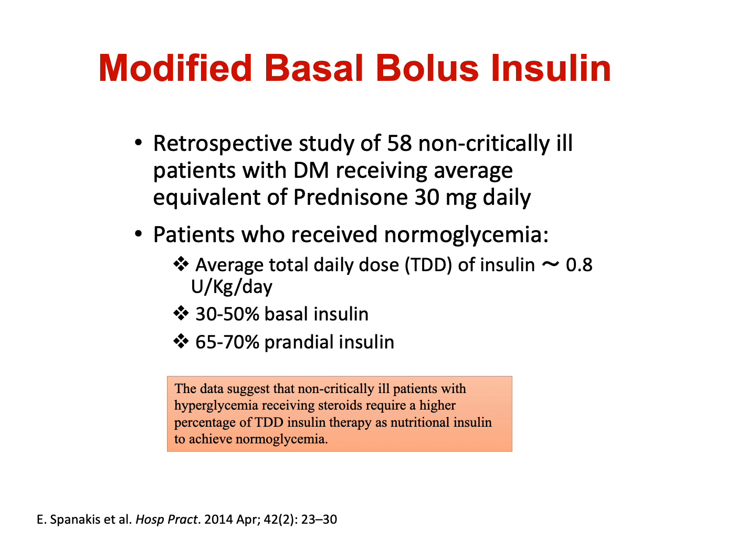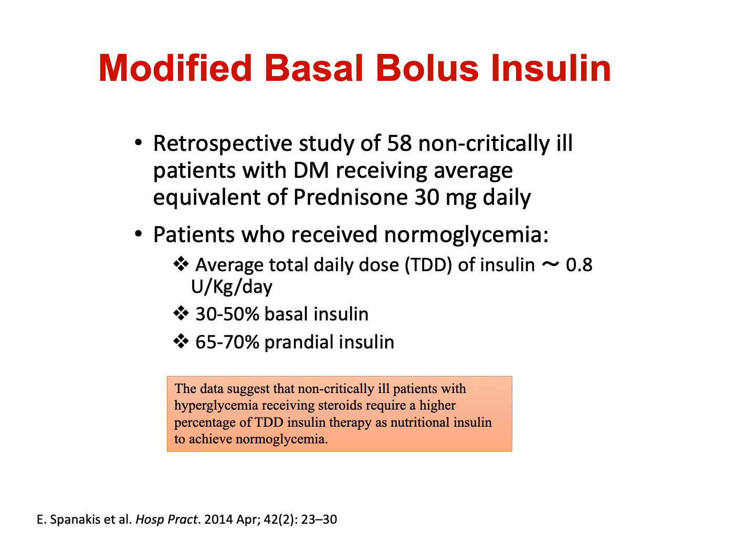Patients who achieved normoglycemia had an average daily dose of insulin of approximately 0.8 unit per kilogram, with 30 to 50% basal and 65 to 70% prandial insulin. So therefore, modified basal bolus, instead of 50-50 basal bolus, is more bolus on the prandial, about 60 to 70% versus 30 to 40% basal.